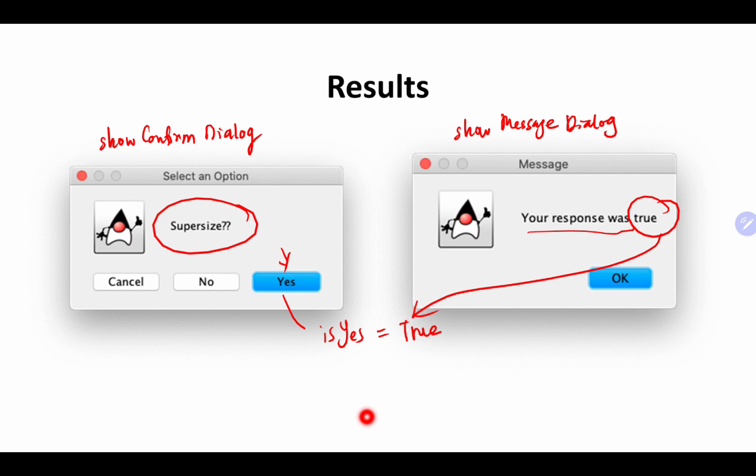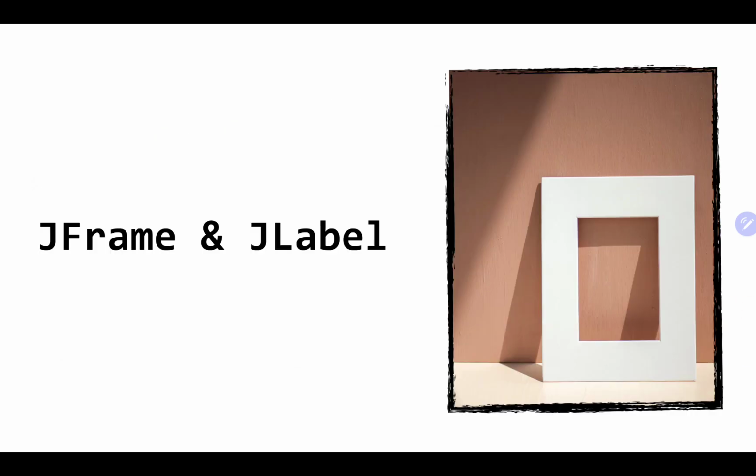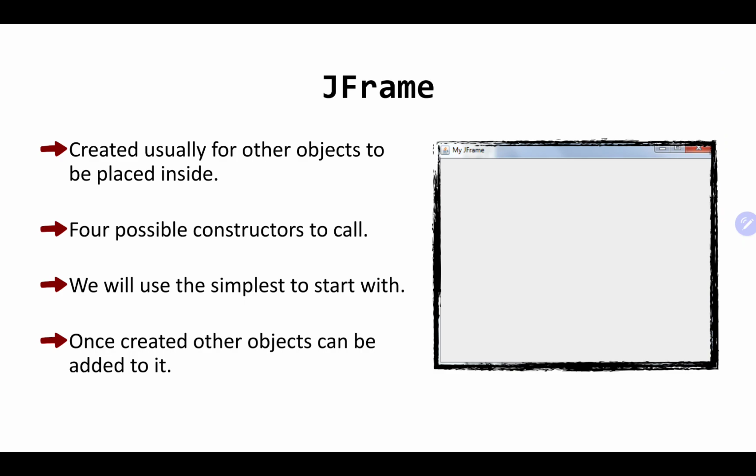Okay, so now we're going to go to the next one, which is JFrame and JLabel. So what is JFrame? JFrame is a class in the Java Swing framework that we use to create windows in GUI applications.